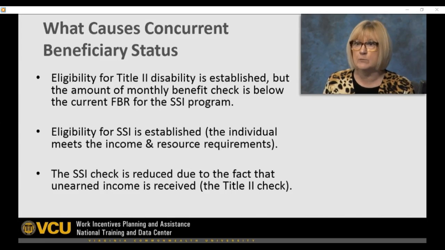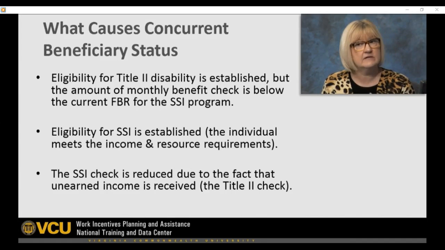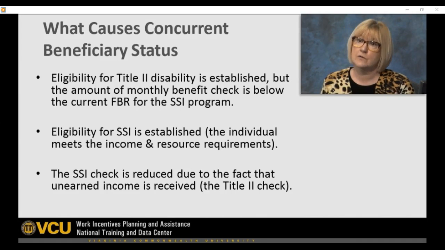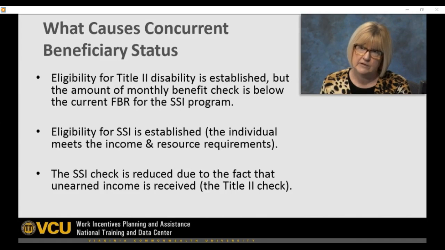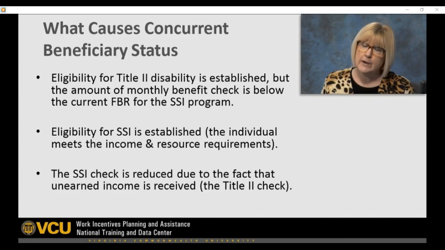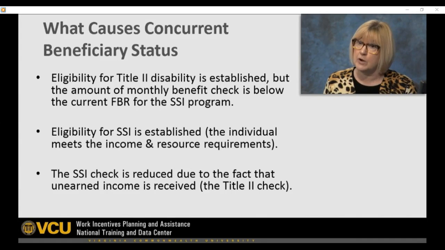The Social Security employees see this person may be eligible for this Title II check, so they send them a letter and ask them to come in and apply for that. Remember, SSI is payer of last resort, so if there's a Title II benefit you could be entitled to, they will require you to complete that application process, and then your SSI will be reduced accordingly once you get your CDB or SSDI.